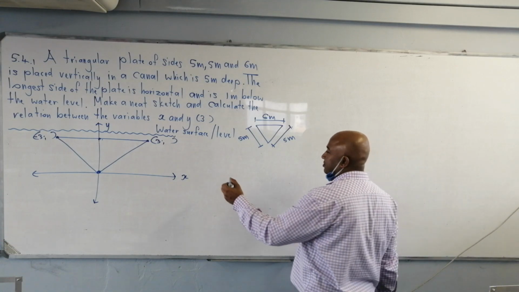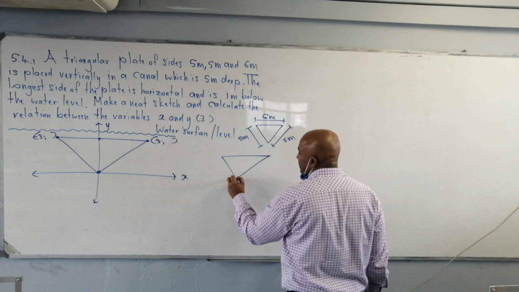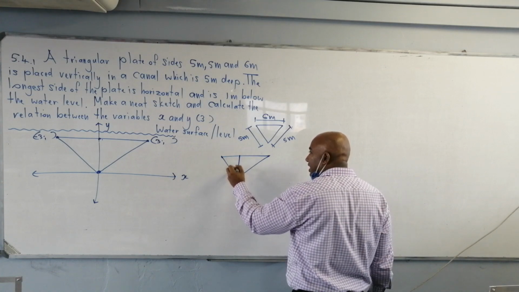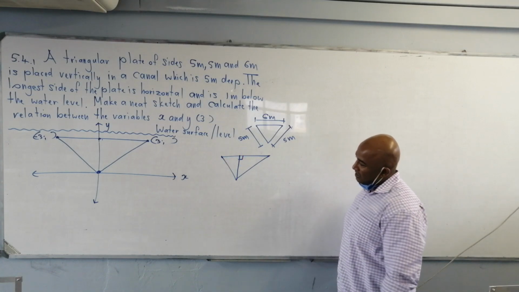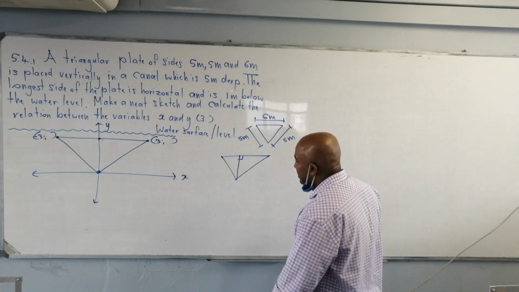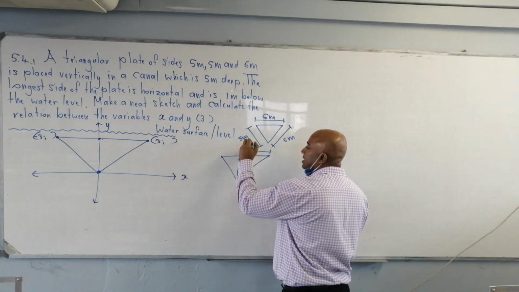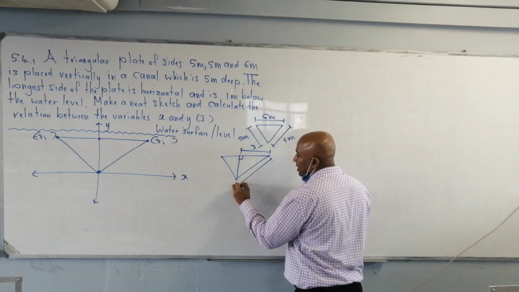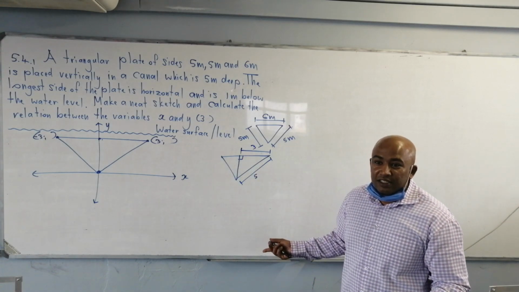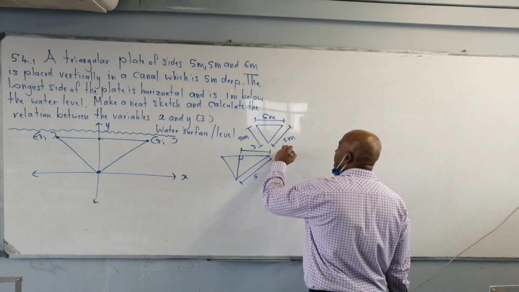Okay, so let's do this here. So here is your triangle. And if I draw a perpendicular line here, what happens? You have a right angle triangle. You know that the distance from here to here is 3, the distance from there to there is 5. So if I want the remaining side, I will use the theorem of Pythagoras.